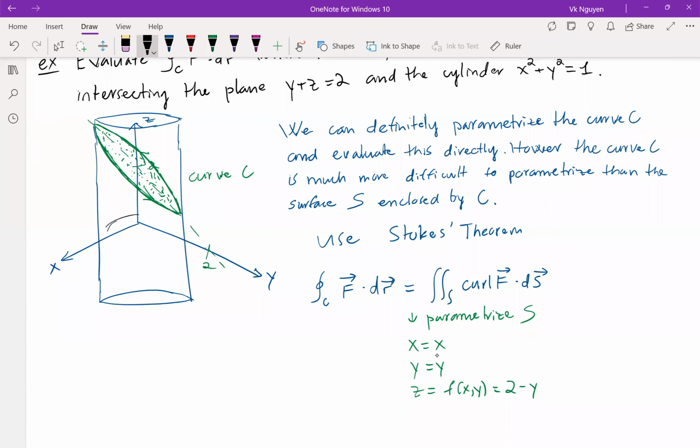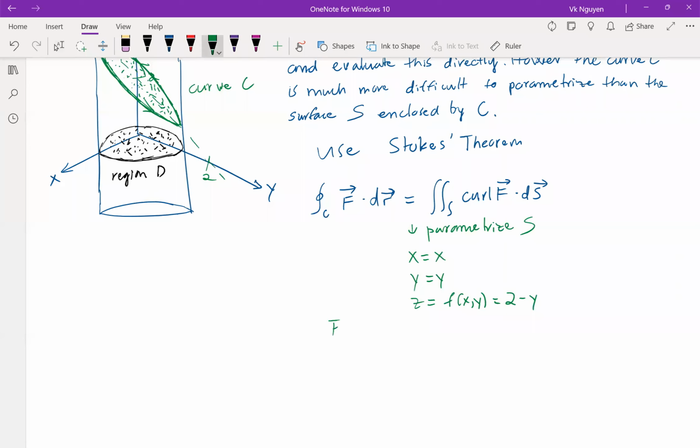You just get a circular disc. r(x,y) equals (x, y, 2 minus y). So r_x cross r_y, that's the normal vector.